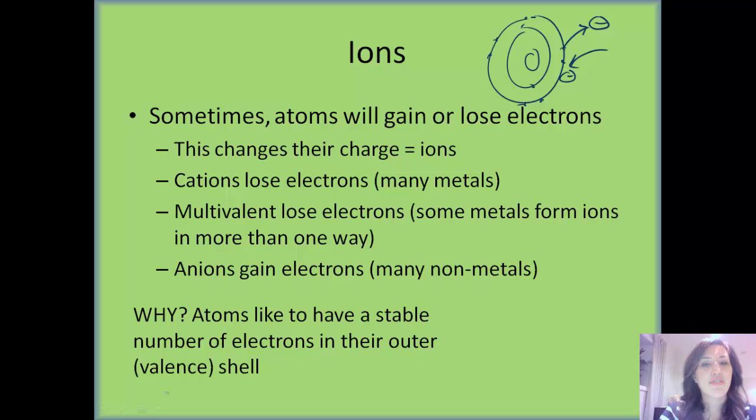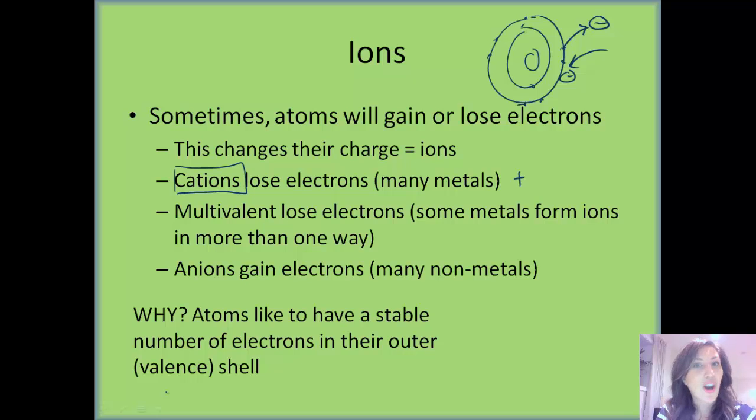So many metals fit under the category of losing electrons, and we call those cations. So again, cations are usually metal elements that like to get rid of their electrons. So when you get rid of the negative electrons, you end up becoming a little bit positive.